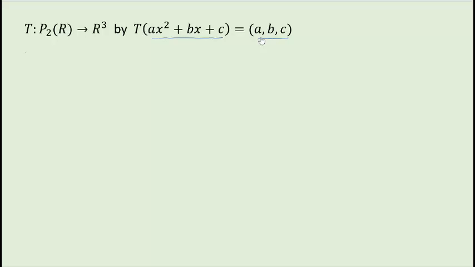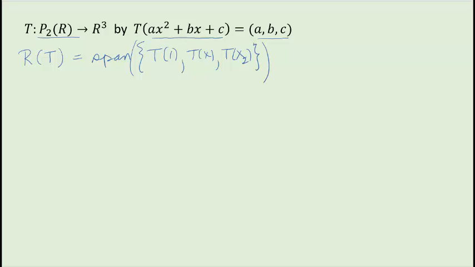So I would like to see what the range, the dimension of the range, is, and I know it will be the span of, well, let's take the basis vectors for P2 of R. It's going to be the span of T of 1, T of x, and T of x squared.